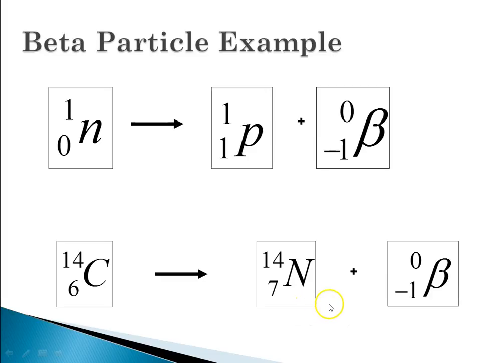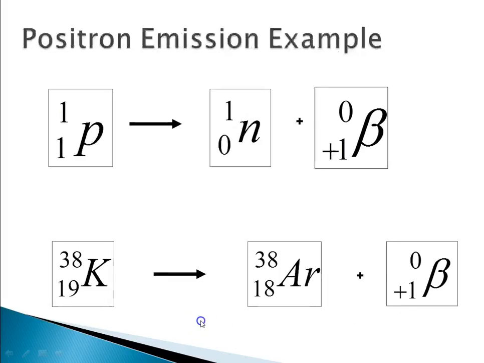Notice here that the atomic number actually went up by 1 because the beta particle is, again, -1. And then our mass, 14 on this side, and 14 plus 0 is 14. So again, the law of conservation of mass is still being adhered to.